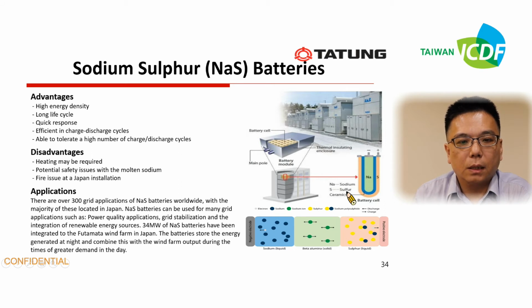One of the biggest sodium sulfide batteries, with 34 megawatt capacity, was integrated with a photovoltaic wind farm in Japan. The battery stores the energy generated at night and combines this with the wind farm output during the time of grid demand in the day.